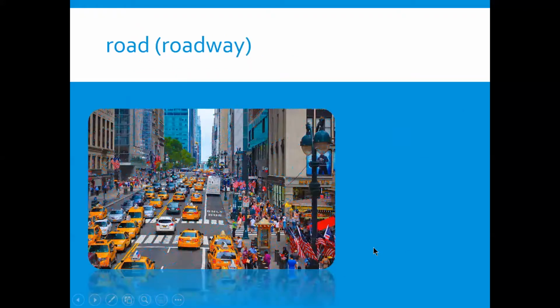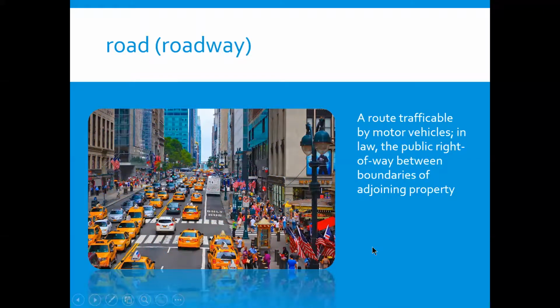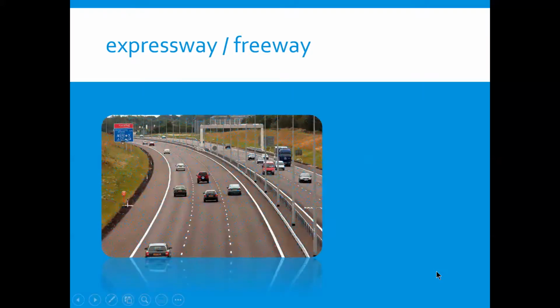For example, road or roadway: a route trafficable by motor vehicles in law, the public right of way between boundaries of adjoining property. Freeway or expressway. In Victoria, we use the term freeway. In New South Wales and Queensland, they have a tendency to use the term expressway.